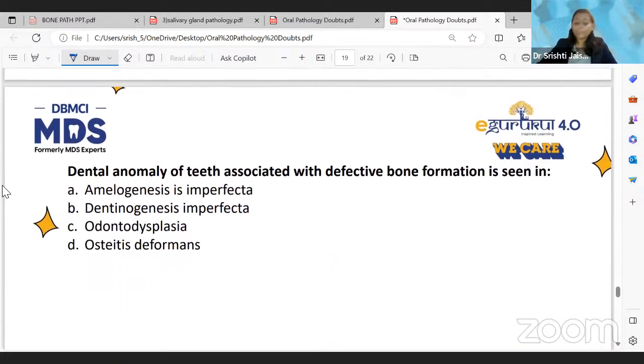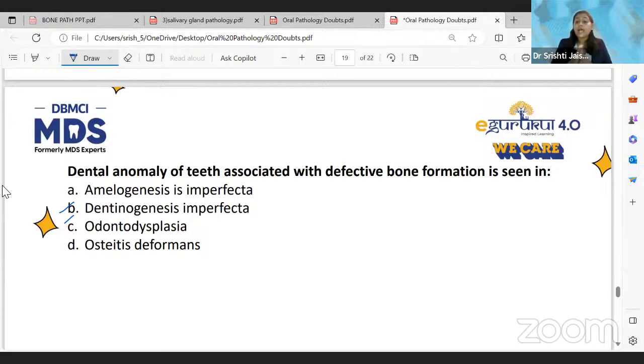Now, dental anomaly of teeth associated with defective bone formation. Which dental anomaly has its effect on the bone as well as on the dentition? Amelogenesis imperfecta: there is no bone pathology we see in it.